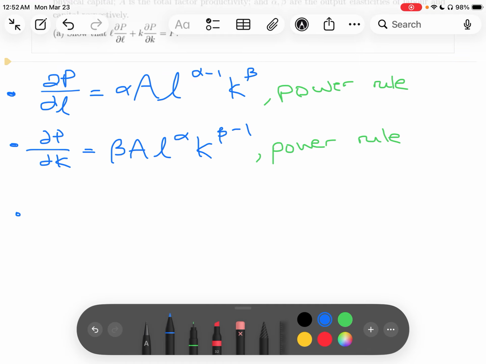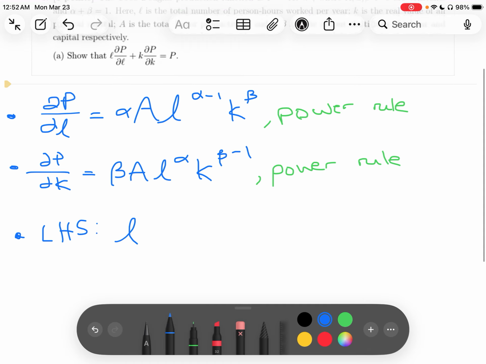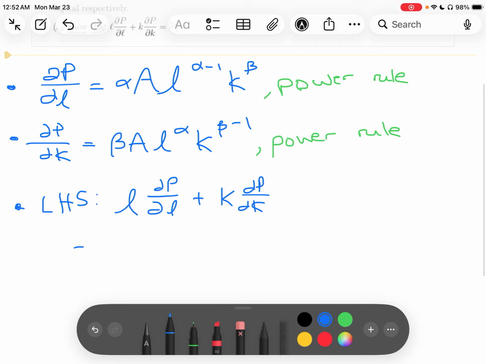Okay, so for the left-hand side, we have L times partial derivative of P with respect to L plus K times partial derivative of P with respect to K. Okay, so this is equal to, let's plug everything in.